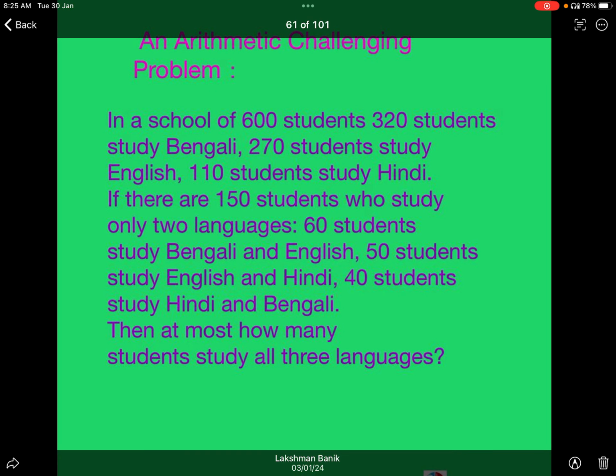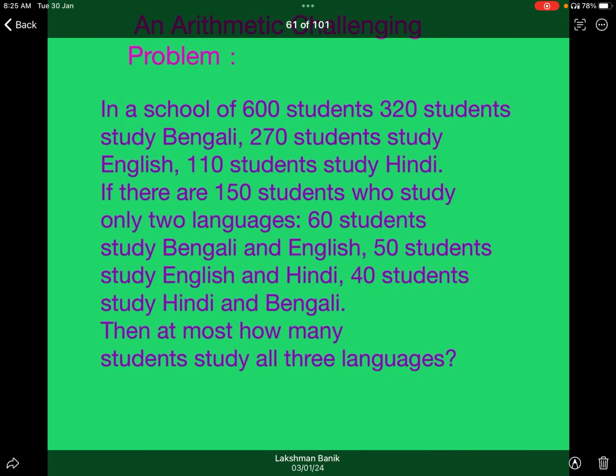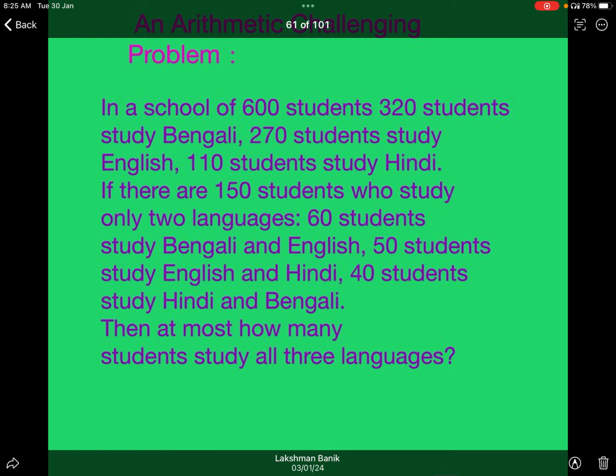The problem is here: in a school of 600 students, 320 students study Bengali, 270 students study English, and 110 students study Hindi.